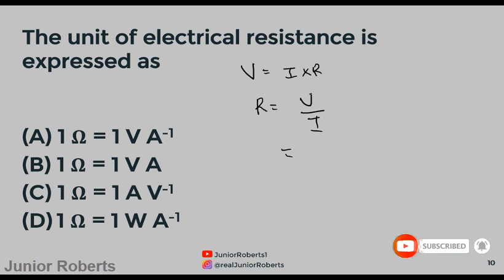The SI unit for V is the volts, V, and that of current is the ampere, A. So we can write then that the unit for electrical resistance will be equal to volts per ampere. So therefore our answer will be the volts per ampere, which is A.